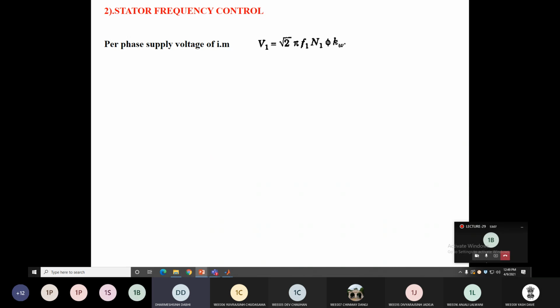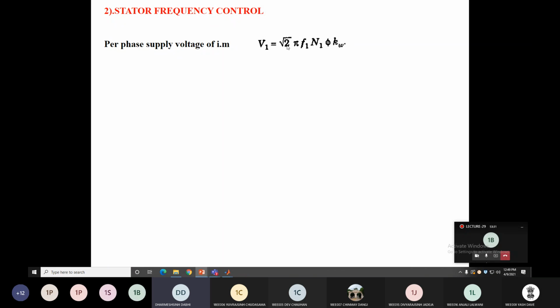So as you change the frequency, the synchronous speed will change, and that will change the torque of the induction motor. Generally, the per phase equation of the induction motor, we know, is V1 = root 2 pi f1 N1 phi into kW. So this is the expression of the per phase supply voltage of the induction motor.